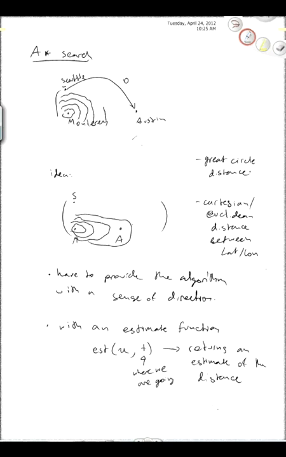because we know that a path using the highways has to be only potentially longer than this great circle distance. But the key to these estimate functions is that they have to be an underestimate.